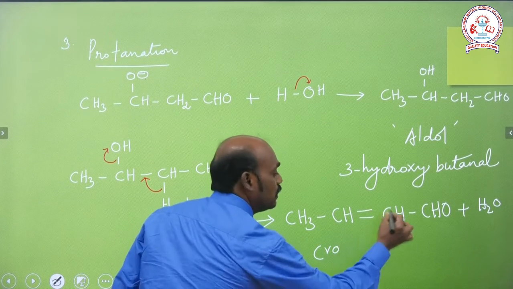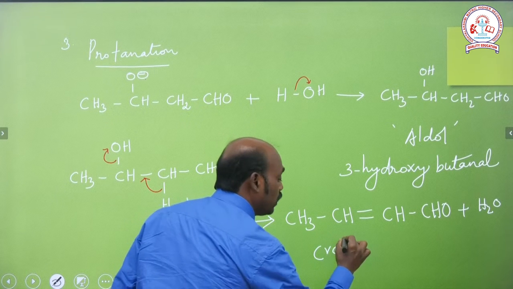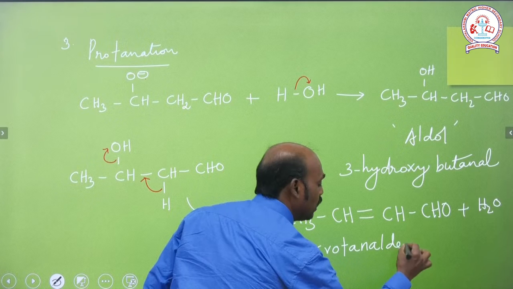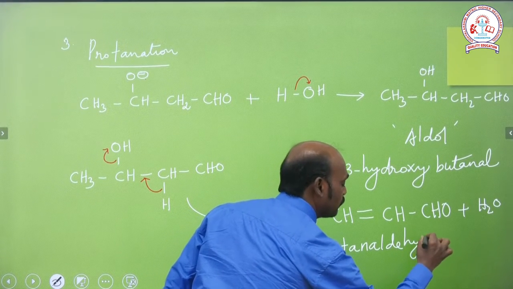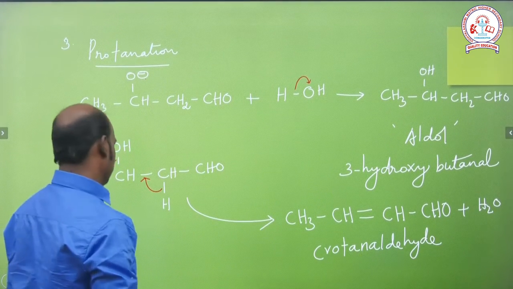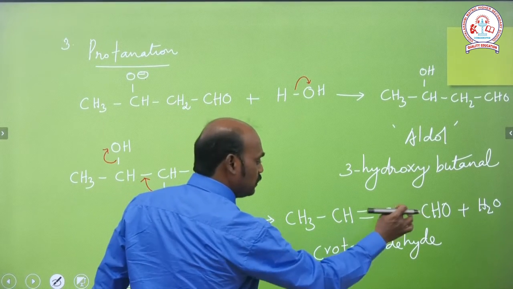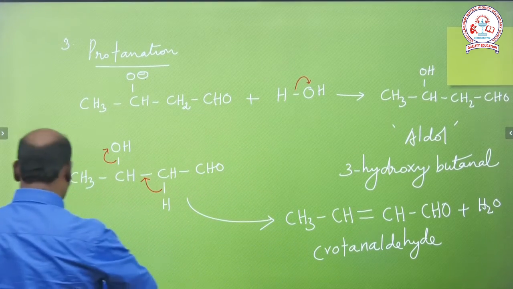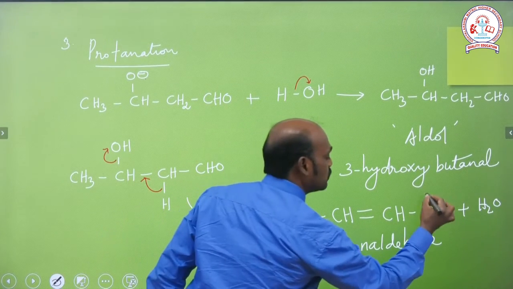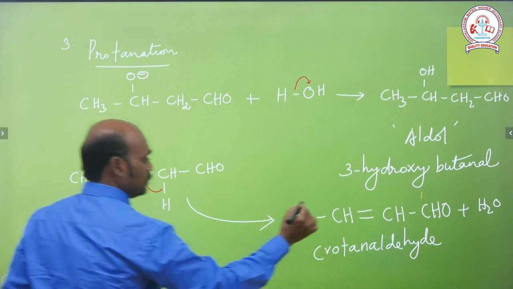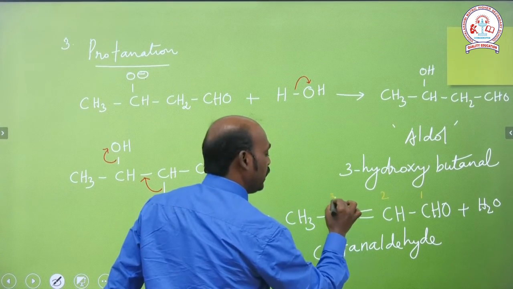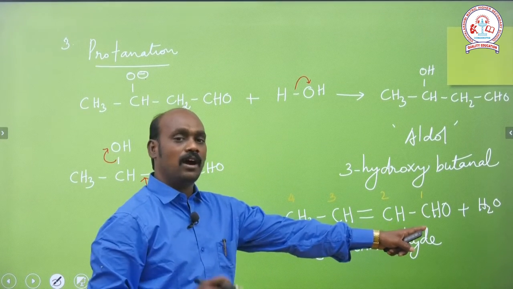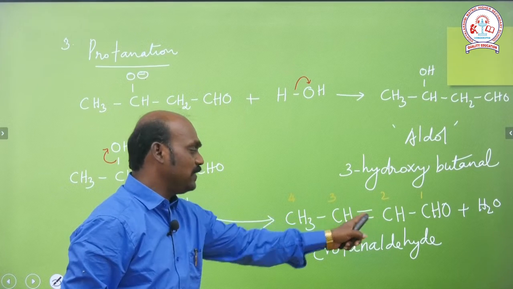What is the name of the alpha beta unsaturated aldehyde? Crotonaldehyde. This is the common name. The IUPAC name: just give the numbers from the aldehyde, 1, 2, 3 and 4. The first carbon contains the aldehyde functional group, the second carbon has a double bond.